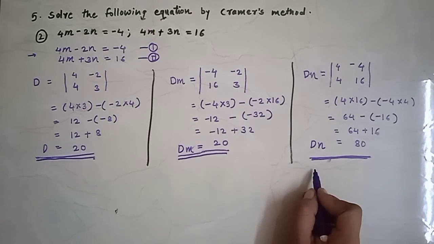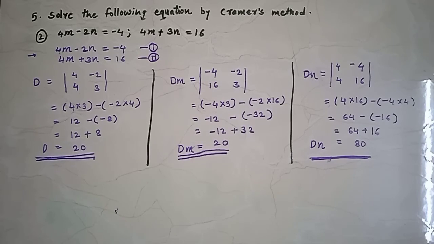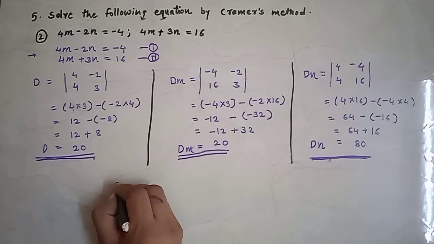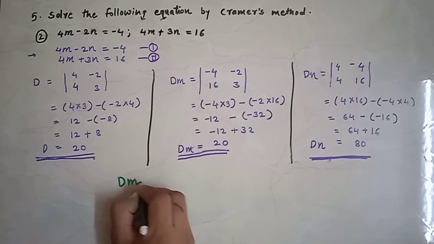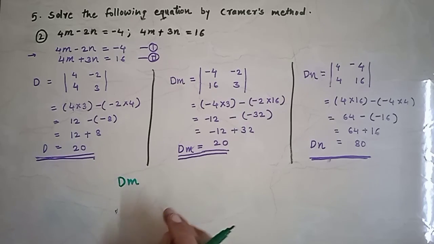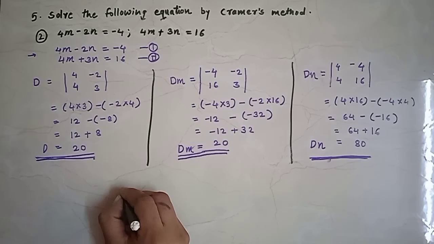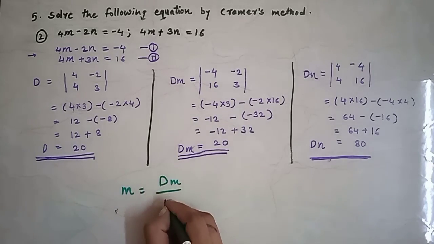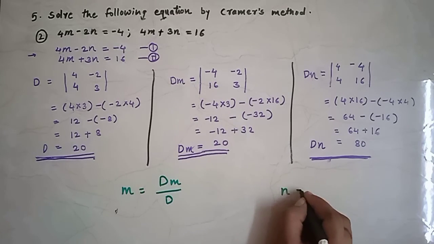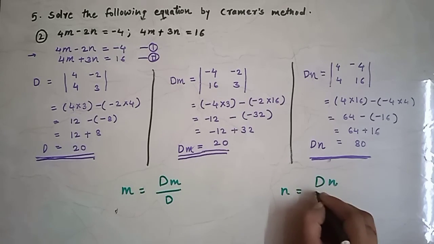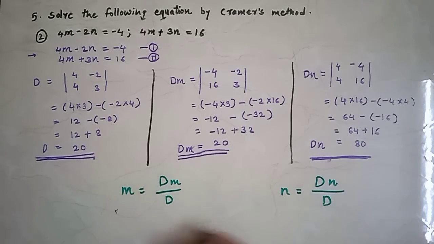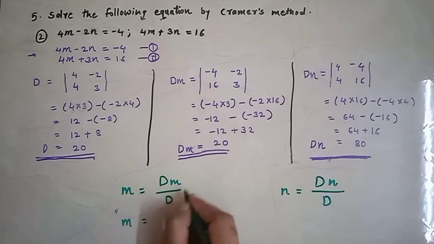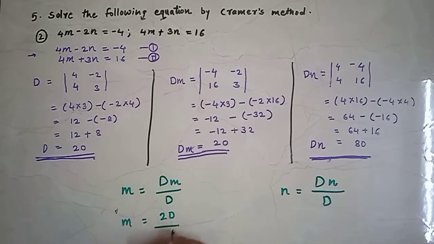So we get the D, Dm and Dn values. So we can find the value of m and n. The value of m is equal to Dm upon D, and n is equal to Dn upon D. So m is equal to Dm, 20 upon 20, so we get the m value is 1.